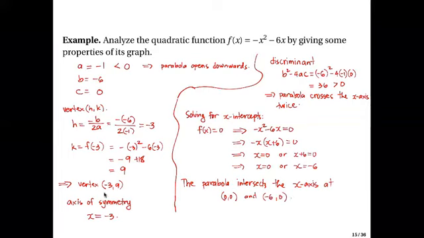So in here, we have the vertex and we have two other points on the parabola. So we can use this vertex and these two other points for us to be able to sketch the graph of this function. So let's graph that.